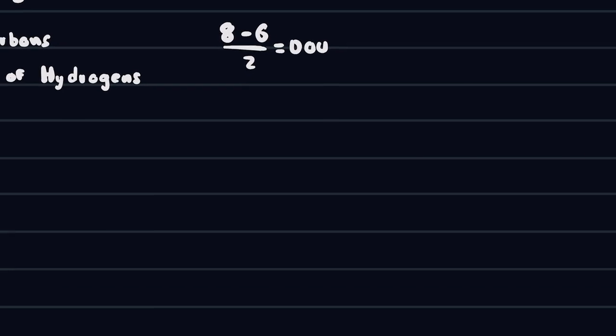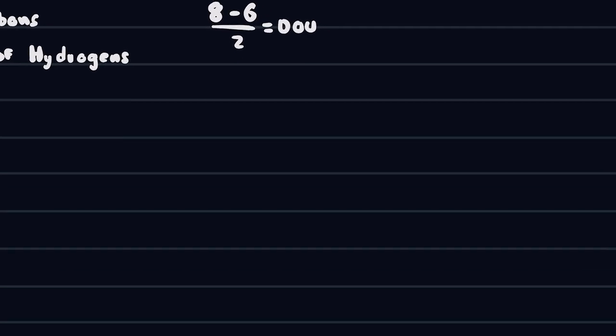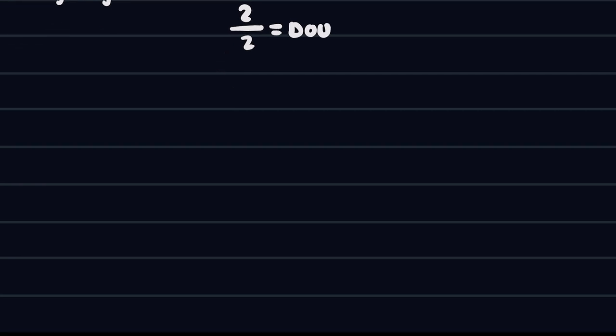There's no units, by the way. This is just purely for analysis. Then 8 minus 6 is 2. So that means that we have 2 missing hydrogens. And we know 1 ring or 1 double bond causes 2 hydrogens to disappear. So if we want to know how many rings or how many double bonds, we have to divide by 2.